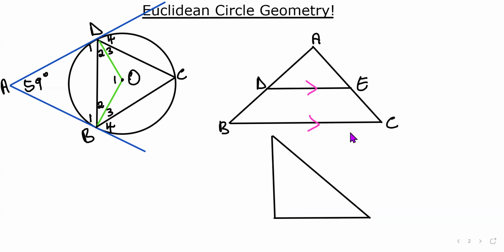It says, a line segment passing through the midpoint of one side of a triangle, parallel to another side, bisects the third side.